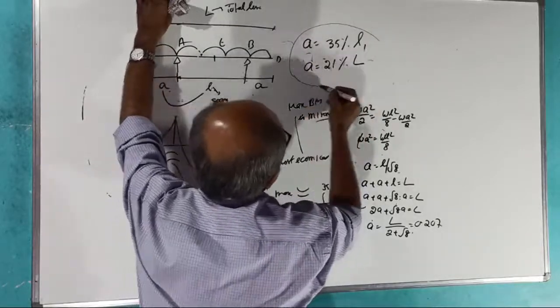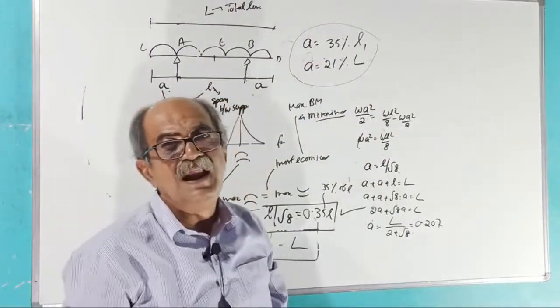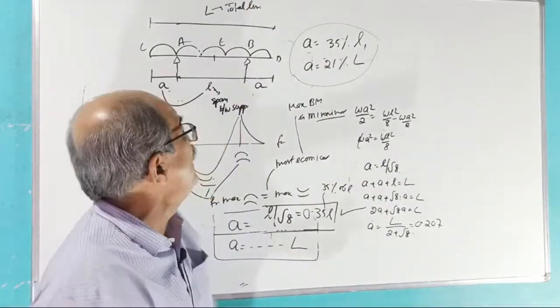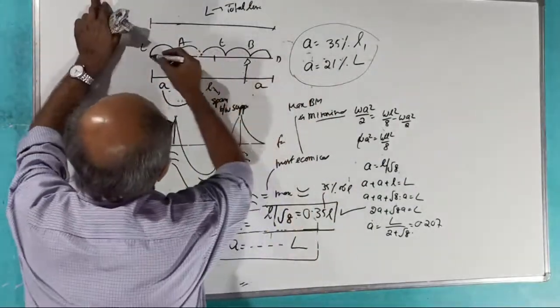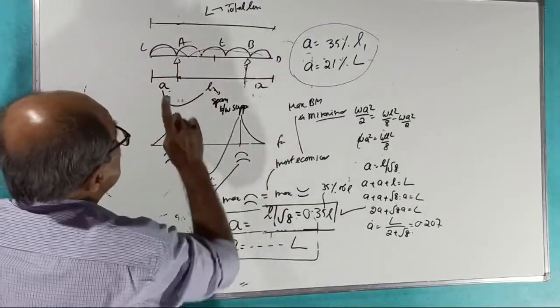Luckily, both are divisible by 7. Remember: 7 1 7, 7 2 14, 7 3 21, 7 5 35. This number you remember. This is for pure UDL and symmetrical case. Right here, this is for symmetrical case.